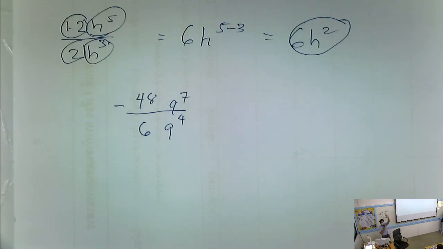Anyone? People at the back? What's the answer for this one? Negative 48q to the power of 7 over 6q to the power of 4. What happened to q?